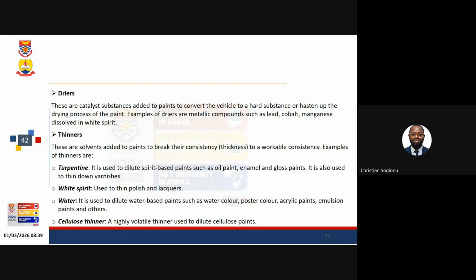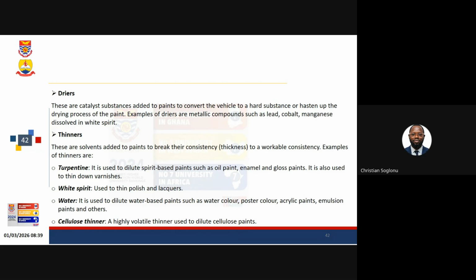As we said before, the catalyst is added to the paint to make the paint dry faster. That is why when you use acrylic paint, in no time it will dry fast for you. When you use oil paints, it takes longer. So we have hydrophilic and we have oilphilic.